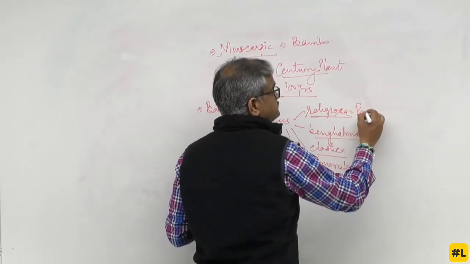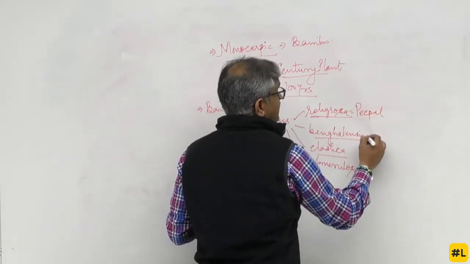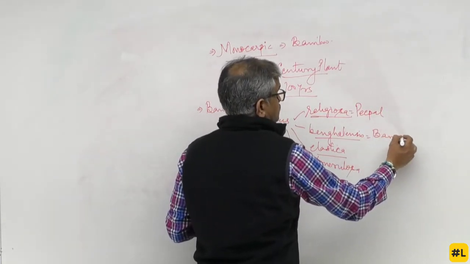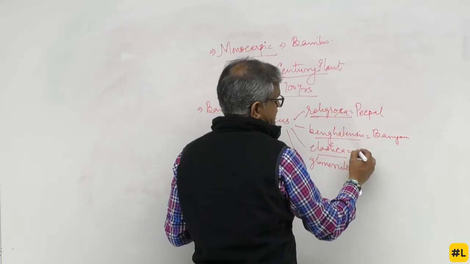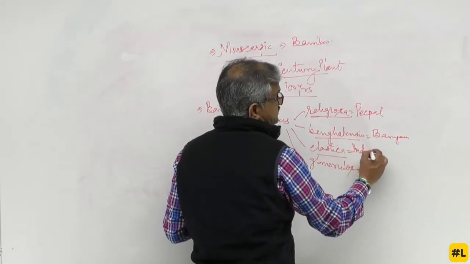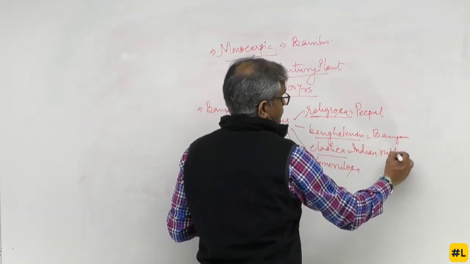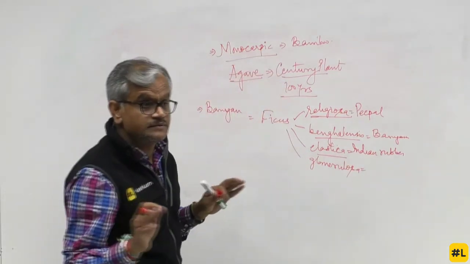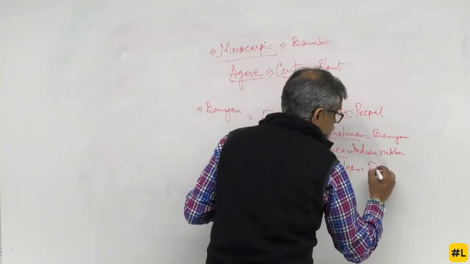This is peepal. When I say Ficus bengalensis, it is banyan tree. When I say Ficus elastica, it is Indian rubber tree. And when I say Ficus glomerulosa, you call it anjur, fig. That is Ficus glomerulosa.